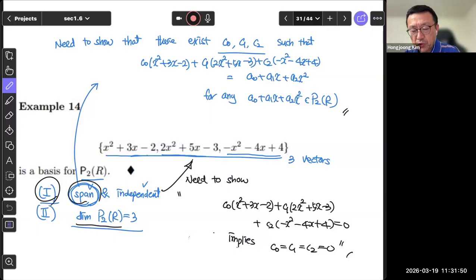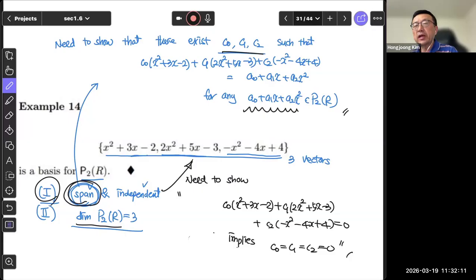So to prove that the set generates the whole space, or you can show that the set is linearly independent. So in order to prove that the set generates the whole space, you need to show the existence of these three numbers for any arbitrary polynomial in P2 space.